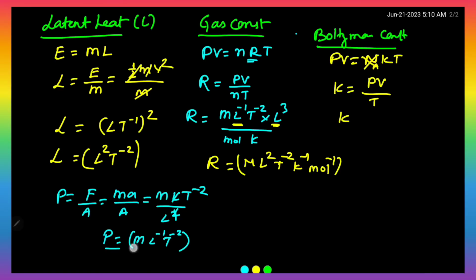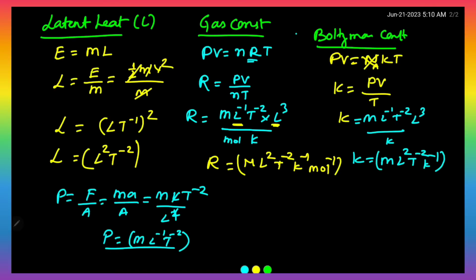P we just got, that is M L power minus 1 T power minus 2. V means L cube. T means K. So the dimensional formula for k is M L square T power minus 2 K power minus 1.